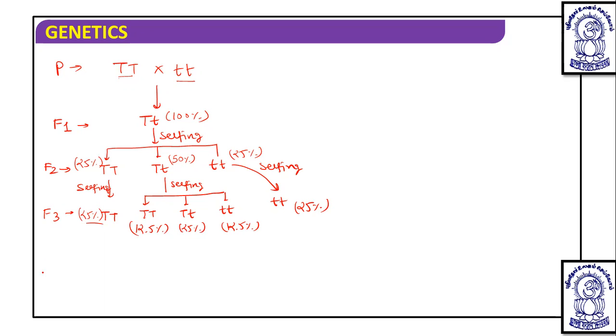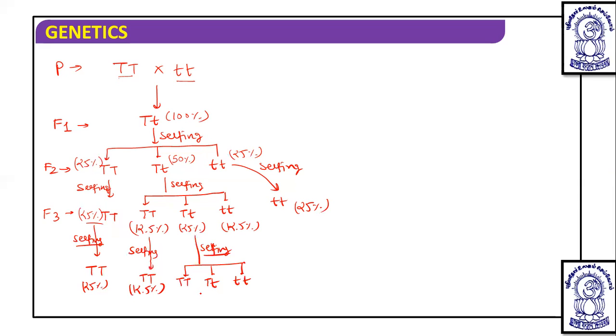Now, if we perform selfing for the F4 generation, then this continues selfing to produce capital T, that is 25%. Here this again undergoes selfing to produce capital T, 12.5%, but it undergoes selfing and then it produces capital T capital T, capital T small t, small t small t.